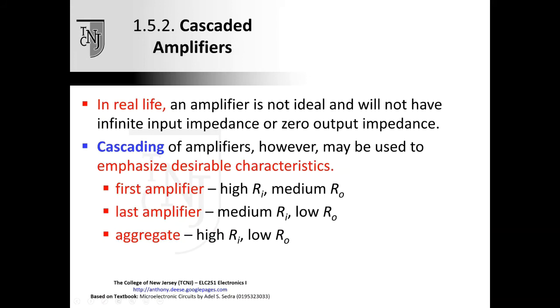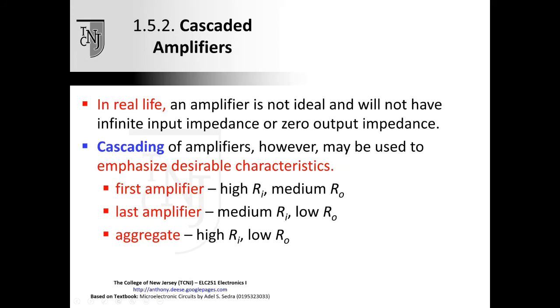Cascading of amplifiers means using them in series. We can use a first amplifier, which interfaces with the source, that will have a very high input resistance. Maybe we don't care about the RO. We'll have a final amplifier, which will interface with the load, and that will have a low RO, but let's say the RI value is not that great.